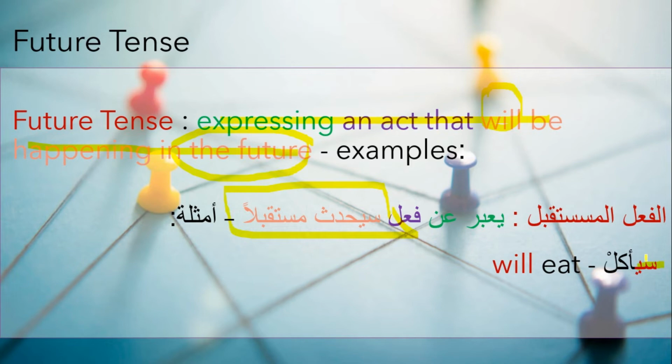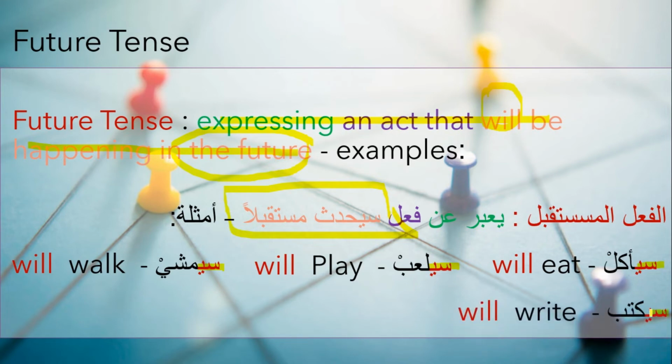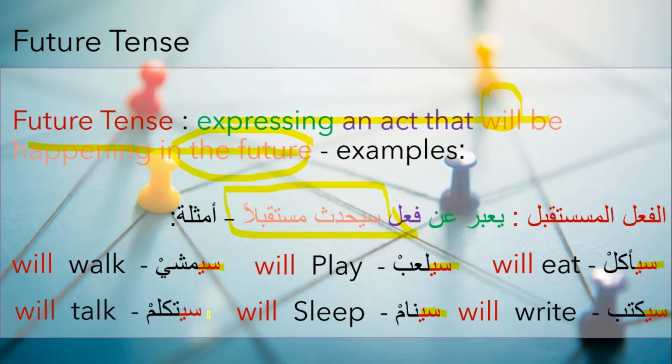Let's have some examples. سيأكل, will eat. سيلعب, will play. سيمشي, will walk. سيكتب, will write. سينام, will sleep. سيتكلم, will talk.